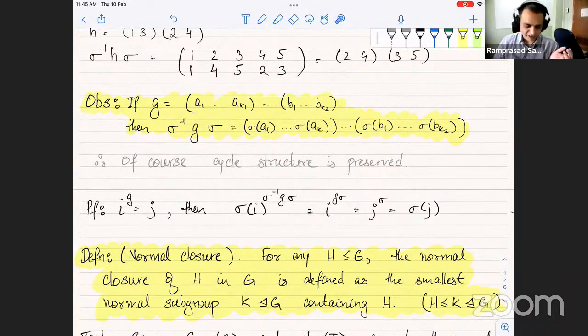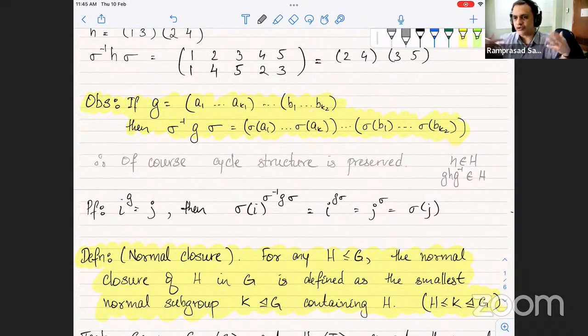Normal meant that if h was in H, then g h g inverse, or g inverse h g, was also in H. So in some sense, what it's saying is that if an element is present there, then all its conjugates are also present there. That's what it means to say that something is normal in something else.